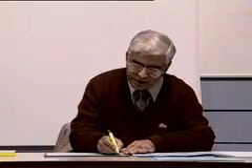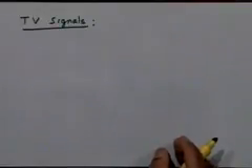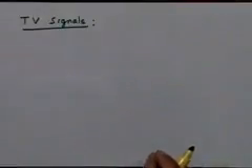Now let me briefly talk about some picture signals. The two kinds of picture signals that we have talked about are the TV signal and the facsimile signal. The TV signal is a moving picture signal, so you have to make sure that you don't lose the essence of motion itself.